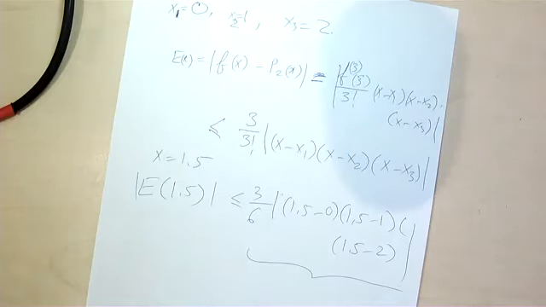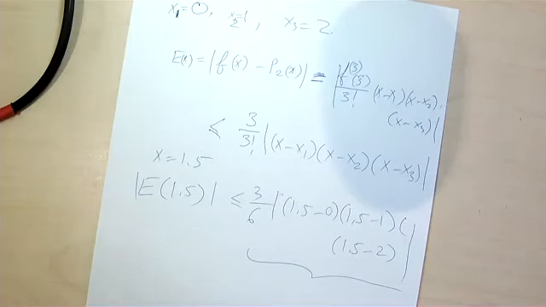I'm just wondering how we're supposed to find the xi for which that formula holds. Which one? For this theorem, I'm wondering how we're supposed to find this xi. Well, you cannot find it, because it comes from the mean value theorem.